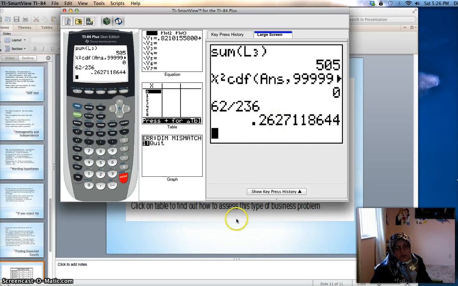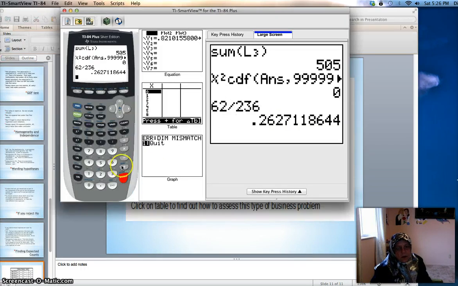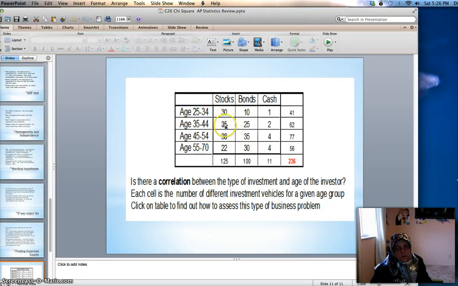So now I'm expecting that percent out of 125 to be the expected number for this cell here. Okay, so I times 125, and so I get an expected cell count of 32.8 for this cell right here. 62 out of 236, 32.8 out of 125 is the same percent.